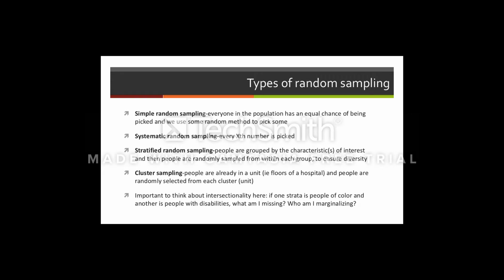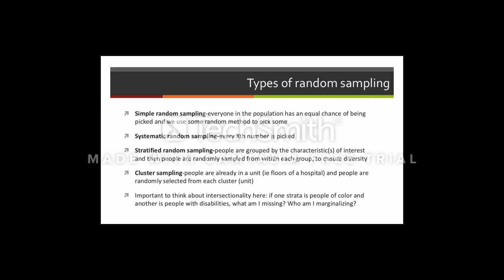You're randomly selecting from within a grouping that's already been made. Whereas in stratified random sampling, the researcher is making the group. I'm the one determining that gender is the strata or groupings that I will be looking at and selecting from within.